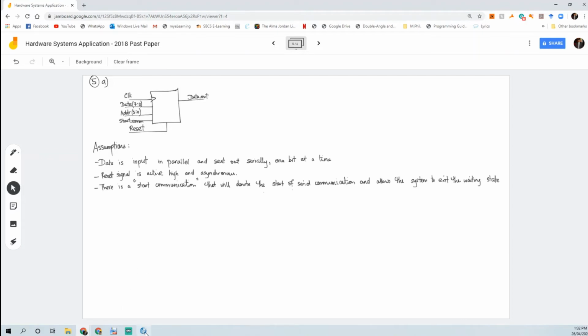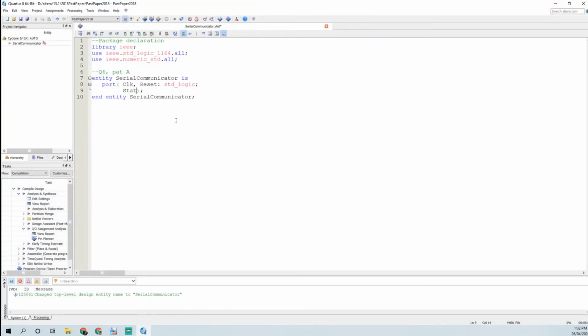Okay, so let me put in startcom first. These are inputs. Okay, now this is a standard logic vector of some 4-bit width.